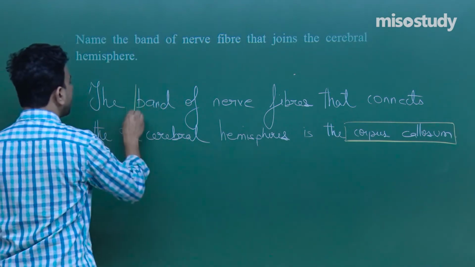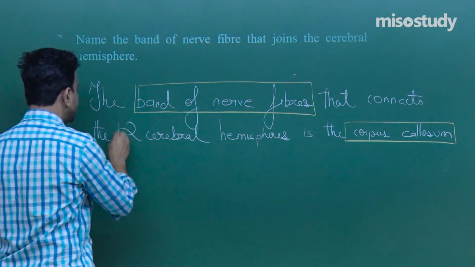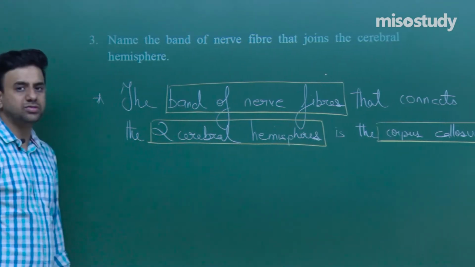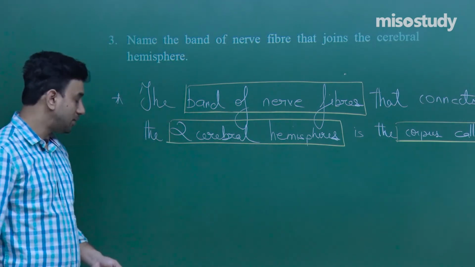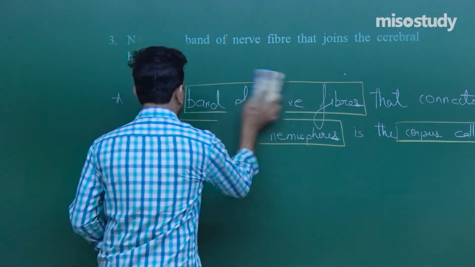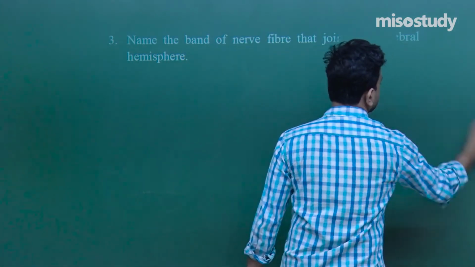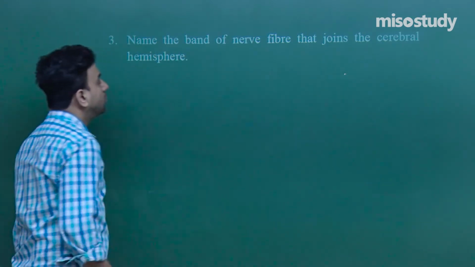So, these are the band of nerve fibers connecting the two cerebral hemispheres. We move on to the next.